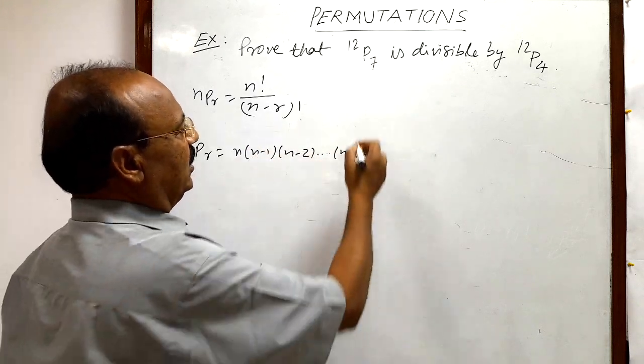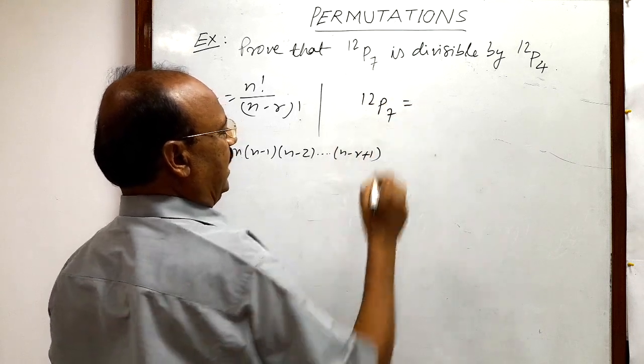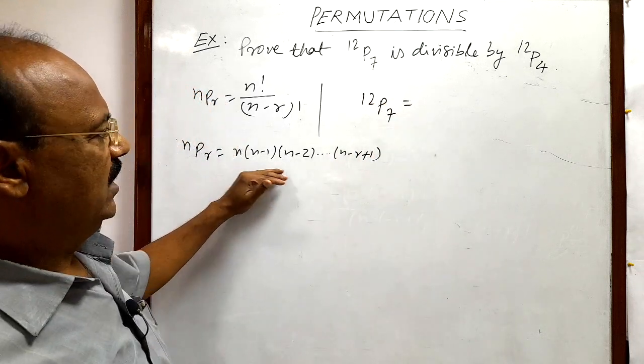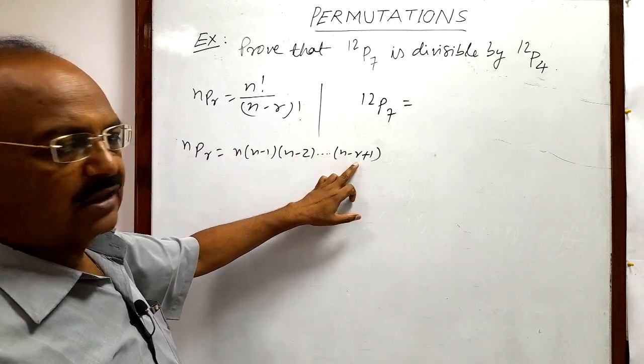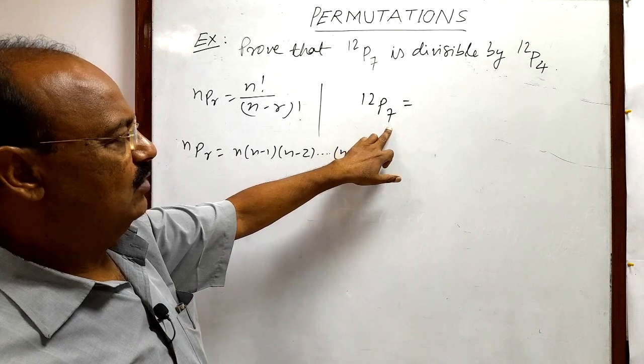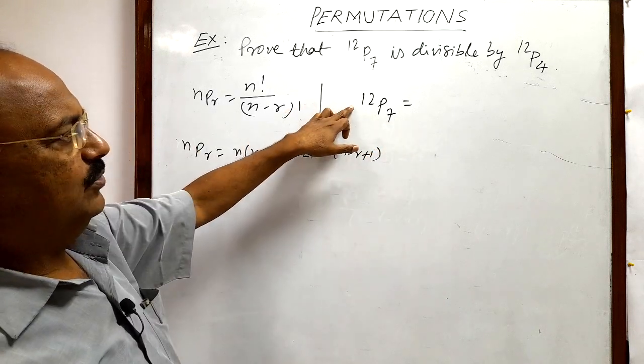So you see here, 12P7 with the help of this formula can be written as: r is 7 here, so the total number of factors will be 7, starting from n, here starting from 12.